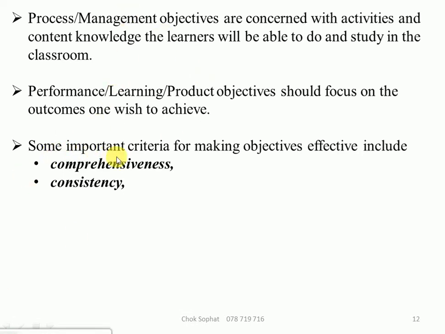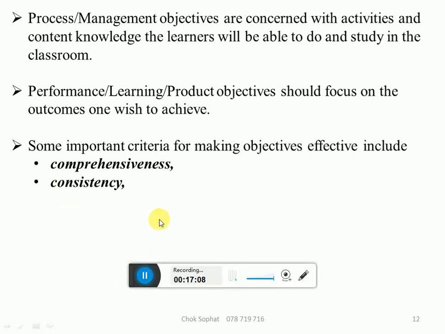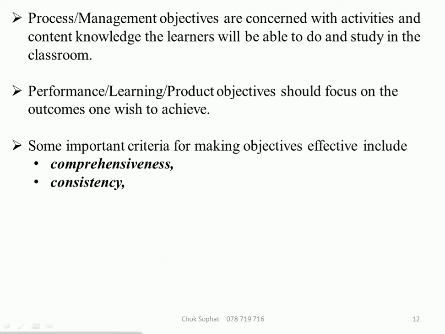Okay, some important criteria for making objectives effective include comprehensiveness. So your objective must be comprehensive, must be understood. Consistency, must be consistent. Okay, the objective must have attainability. So the result of your objective must be attainable.